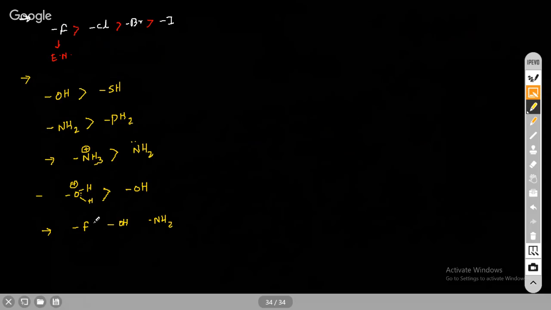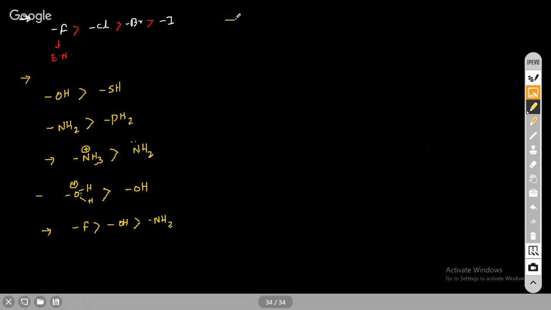So fluorine will have maximum electronegativity, maximum minus I. Then we'll have oxygen, and then we'll have NH2, right? So in all these examples you see, we can easily compare the electronegativity of the atom, and we can say which one will have more minus I or less minus I. Okay.